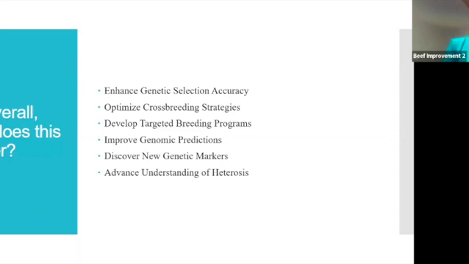I think it's going to advance the understanding of heterosis. I refer to it as the classic models; we're changing our ideas of heterosis as more studies come out. So really being able to understand how heterosis is working, even in our more advanced composite breeds, and discovering new genetic markers that we potentially wouldn't be able to see unless we integrate that breed of origin analysis into the study.